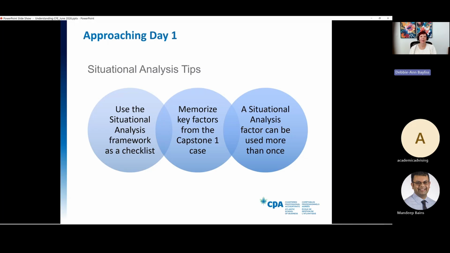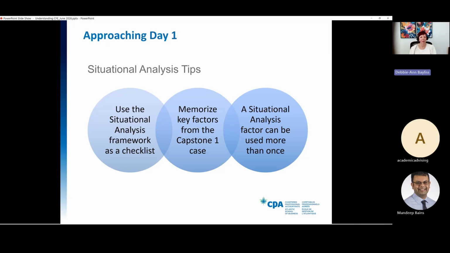It's supposed to be used as a checklist, because when you've created it, you've extracted the most important case facts needed to clearly demonstrate that you understand the internal and external environment in which the company operates, and the objectives they want to achieve. When you analyze those strategic and operational initiatives, you want to apply those relevant case facts.